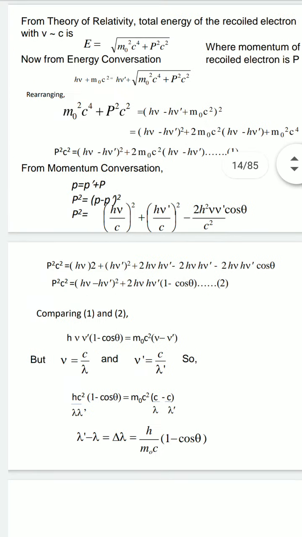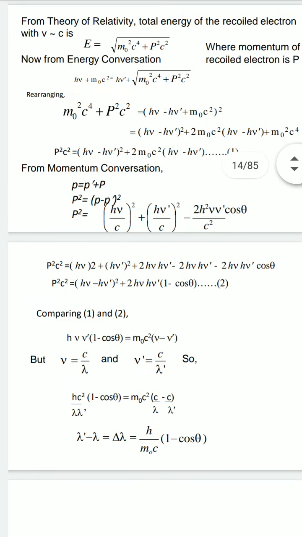We have added and subtracted 2 h square nu nu dash there, and the remaining part is 2 h square nu nu dash cos theta. Now h nu square plus h nu dash square minus 2 h square nu nu dash we can make as h nu minus h nu dash whole square, and the remaining part will be 2 h square nu nu dash minus 2 h square nu nu dash cos theta, which is written as 2 h square nu nu dash into 1 minus cos theta. So we have written the second equation.